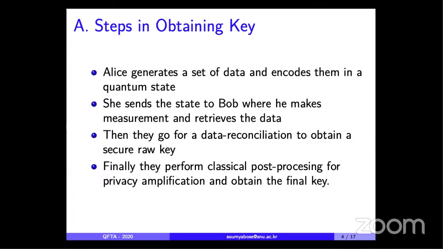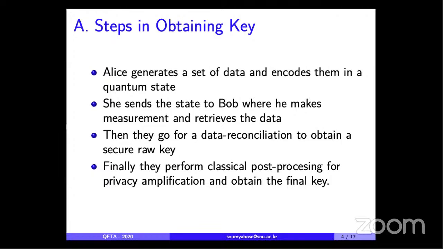So as a first step, one can think of a simple task: what are the steps involved in obtaining a key? Let's consider two parties, A and B. We traditionally call them Alice and Bob. Alice generates some data set. How the data sets are generated, that's where the quantum part comes in. But grossly speaking, Alice generates a data set, encodes it in a quantum state, and sends it to Bob. Then Bob receives the states, makes some measurement, and retrieves the data.